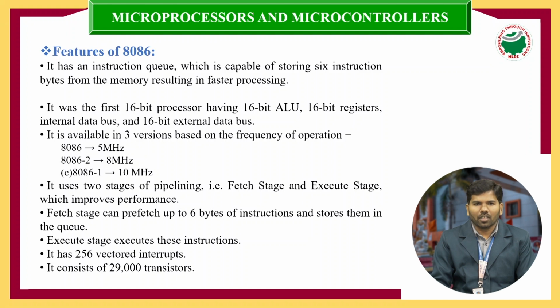It supports 2-stage pipelining, the fetch and execute stages only. The fetch stage can prefetch 6 bytes of instructions and stores them in a queue. The execute stage executes these instructions. It has 256 vectored interrupts and it consists of almost 29,000 transistors. So all these transistors work together to execute or perform an instruction. These are the general features of 8086.